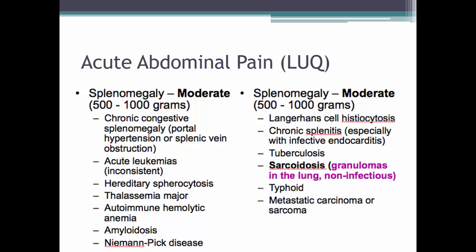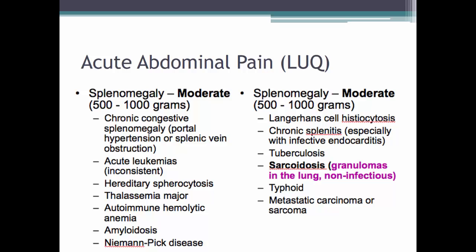Now, other causes of left upper quadrant pain could be related to splenomegaly, for example. Remember that the spleen is a secondary lymphoid organ that will be engorged whenever there is a disease process that alters the bone marrow. So if there is any reason why hematopoiesis has been affected or any type of lymphoid disease is present, then splenomegaly initiates, so engorgement of the spleen.